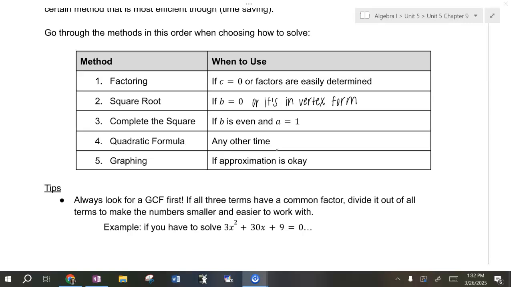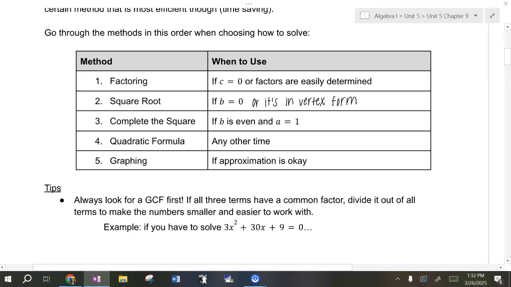Also, we know from the beginning of this chapter, when we were graphing quadratics, it can be really time-consuming. So definitely not the fastest, because you would have to calculate the vertex, then figure out the y-intercept, reflect that over the axis of symmetry, and so on. So that's definitely the last one in order of most efficient.